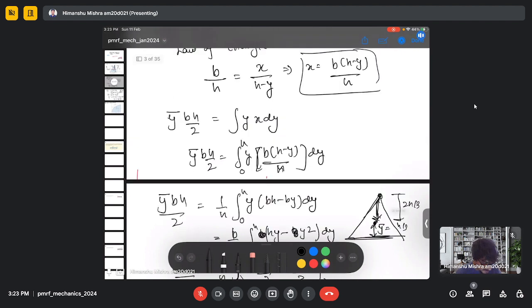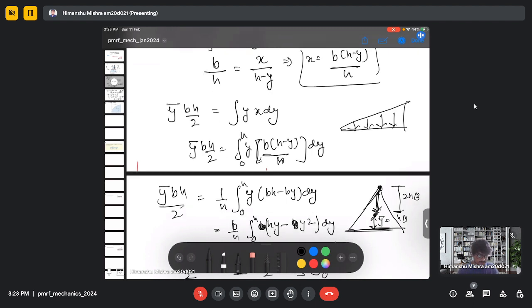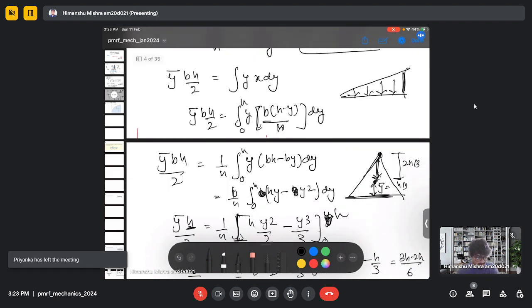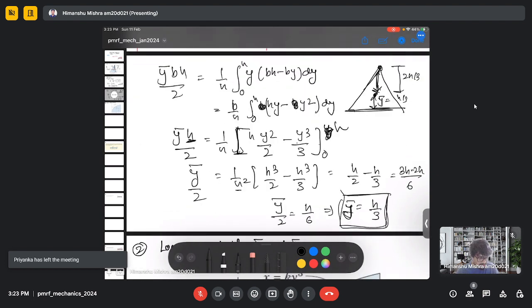For example, you might have encountered this kind of a load. So for that you need to find the location of the center of gravity, and it is from the base always h by 3, and from the point it will be 2h by 3.